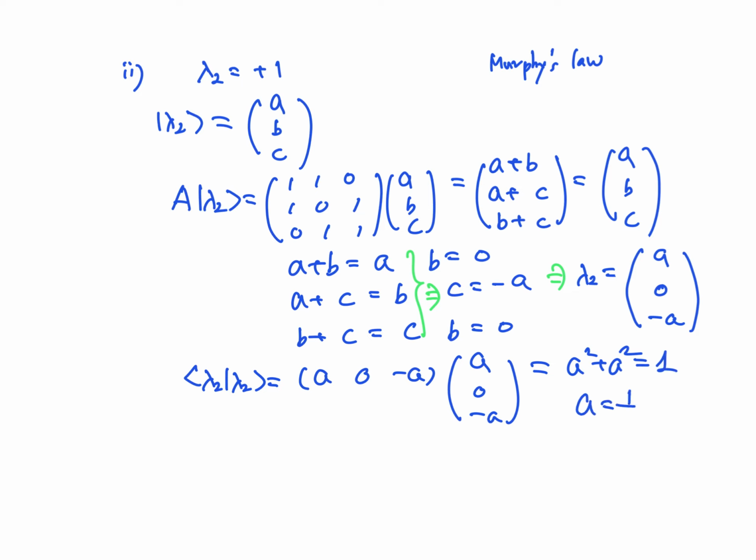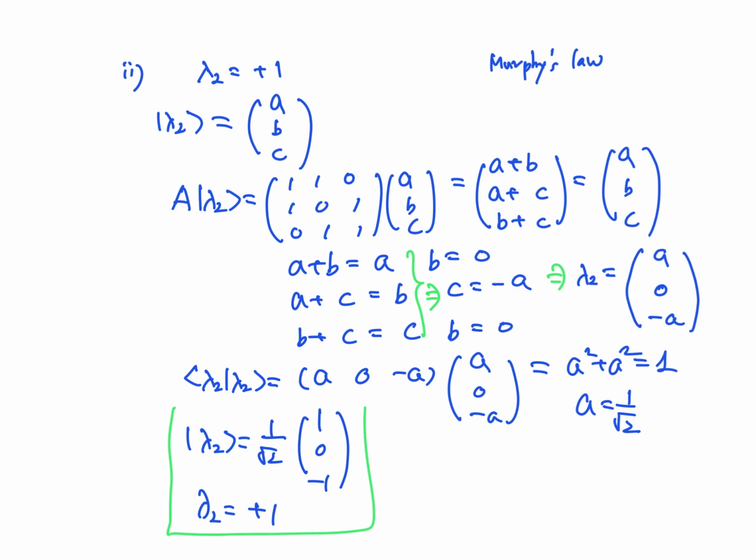A is 1 over square root of 2, right? So lambda 2 is 1 over square root of 2 times 1, 0, minus 1. Of course, lambda 2 is plus 1.